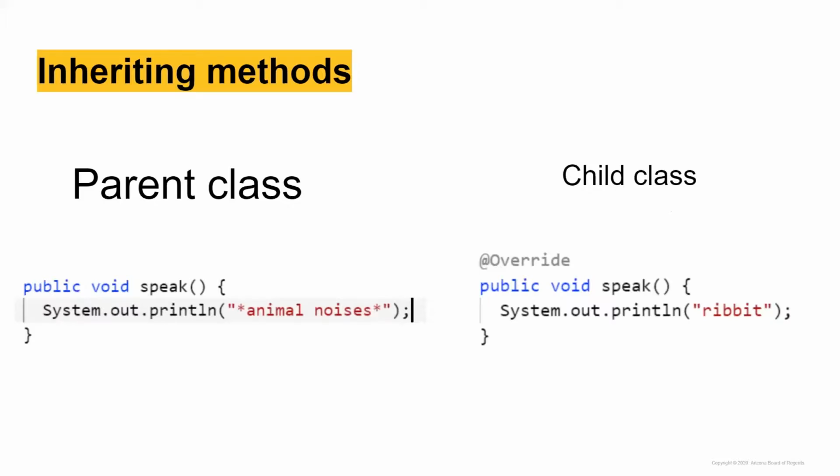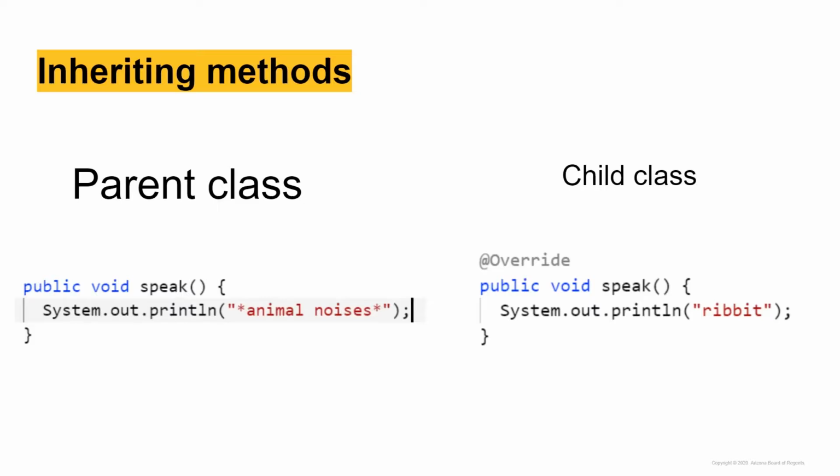So, for example, a parent class, just adding on to our animal class, right? I've made a method in the animal class called public void because it's not returning anything, and the method's called speak. So this is just going to print out animal noises.